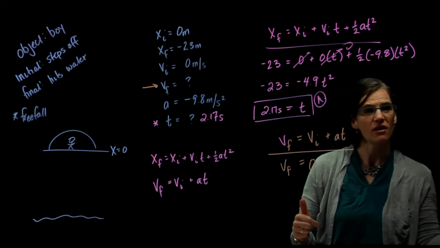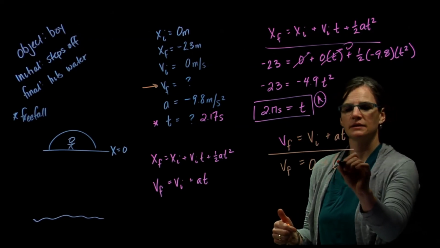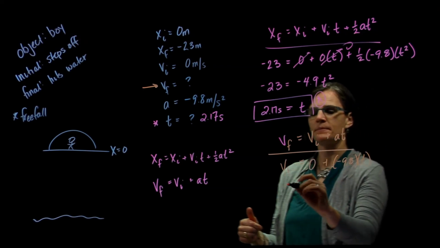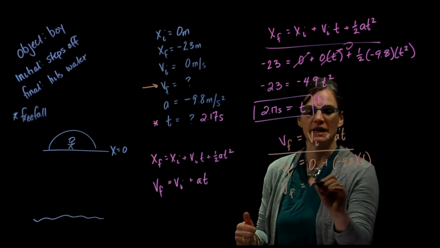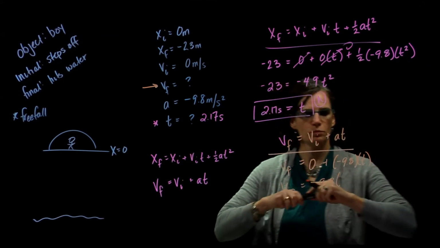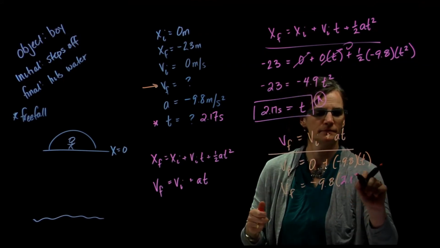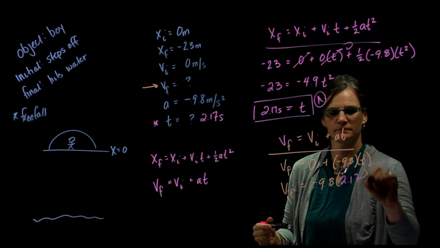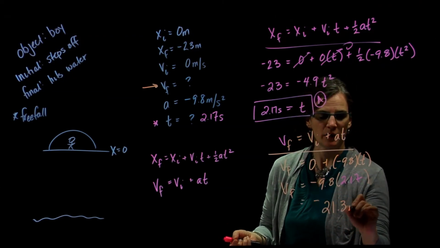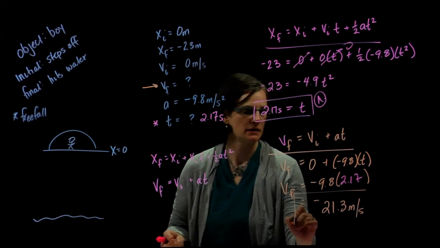He is stepping off the bridge, plus negative 9.8 times our time t. So v final is equal to negative 9.8 times our calculated time of 2.17. And v final is negative 21.3 meters per second.